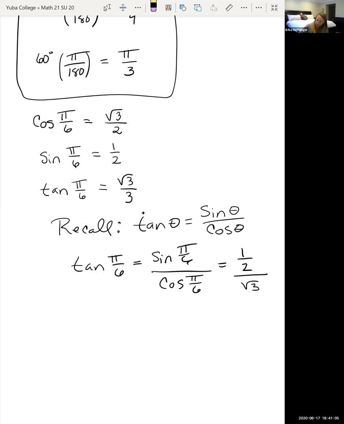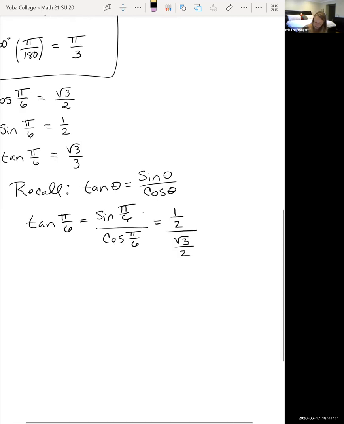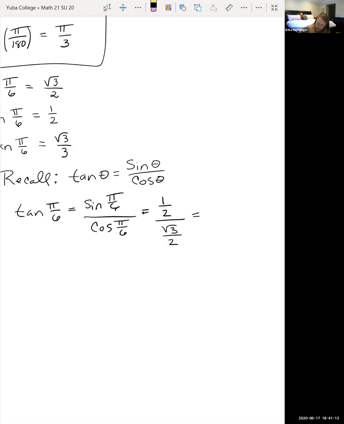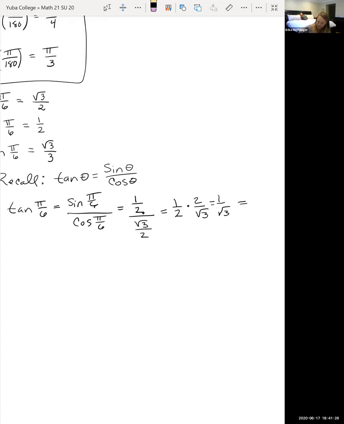I invert and multiply, because I have a fraction divided by a fraction. This is 1/2 times the reciprocal of the denominator, which is 2 over root 3. The 2's cancel, I get 1 over root 3. Rationalize the denominator, I get root 3 over 3.